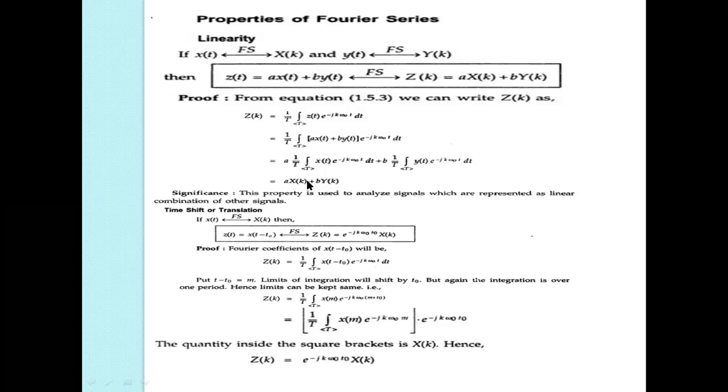Okay. So here also the same thing, a into 1 by T the integral of x of t e power minus jk omega naught t dt, plus b into 1 by T the integral over T of y of t e power minus jk omega naught t dt. So a is multiplied with x of k and b is multiplied with y of k.